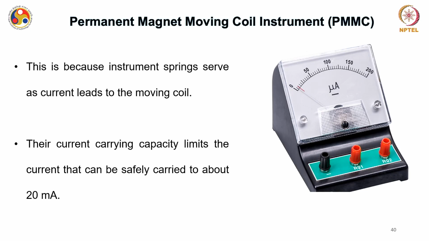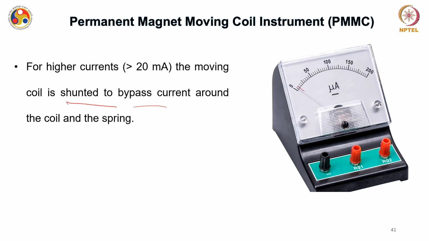So till now I was talking about currents of the order of 20 milliamp, which can be completely passed through the springs, which act as a current lead, as we have also seen. But what if I want to measure more than 20 milliamp, say a few amps?